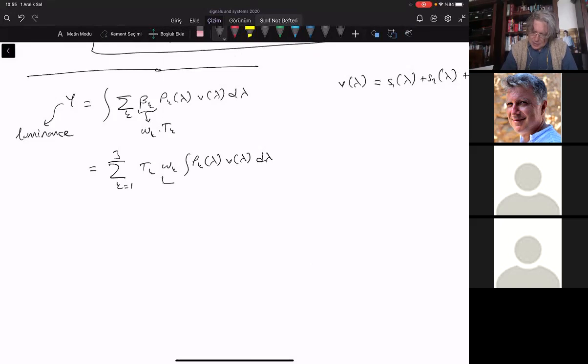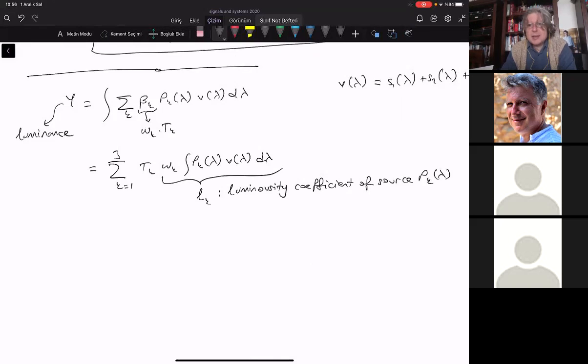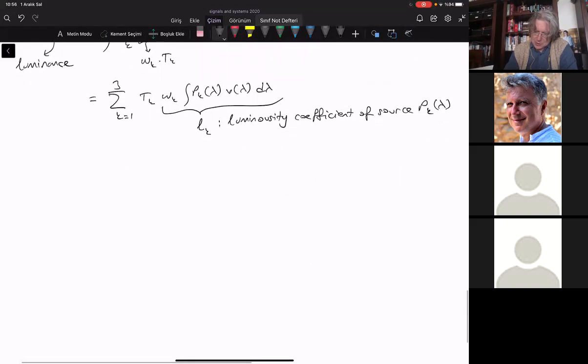And this much of it has been given a name of L sub k, which is the luminosity coefficient of source pk of lambda. So how bright is this light source or color source? It is this much.